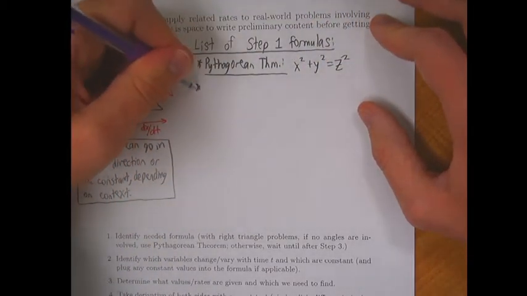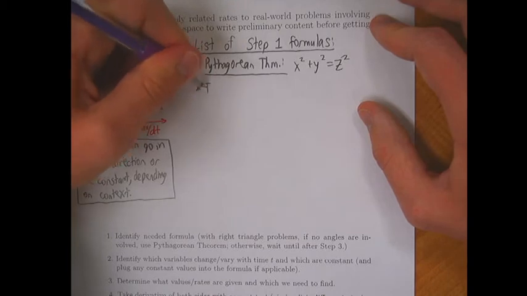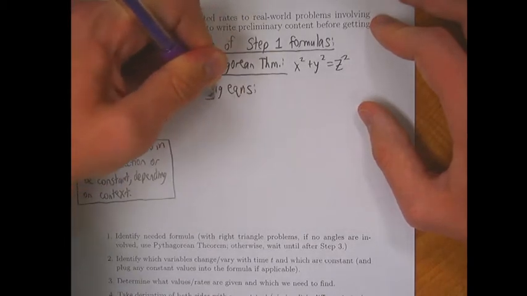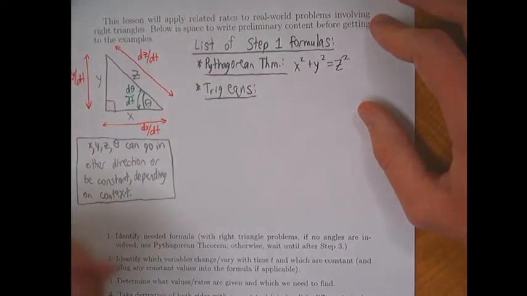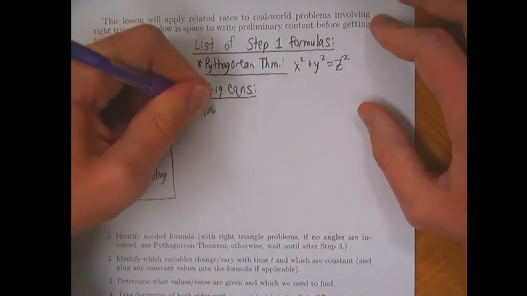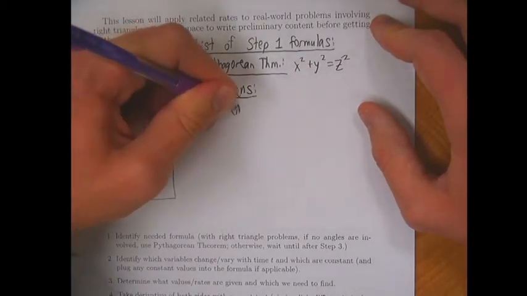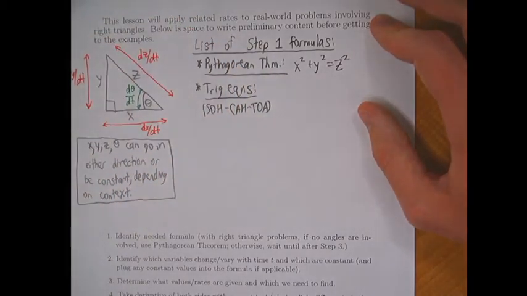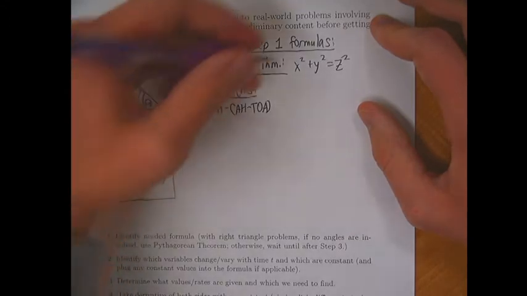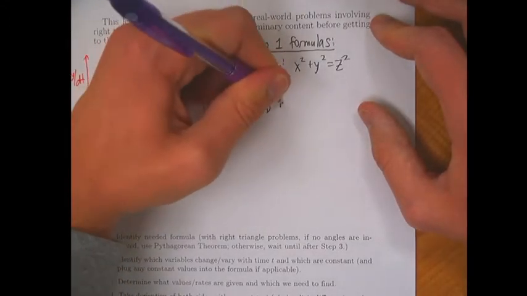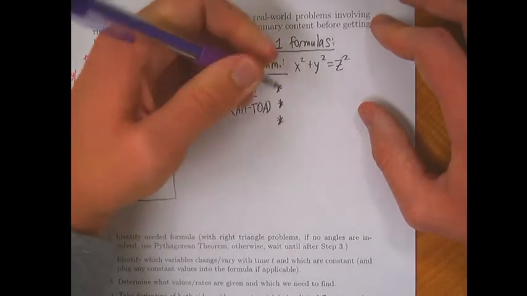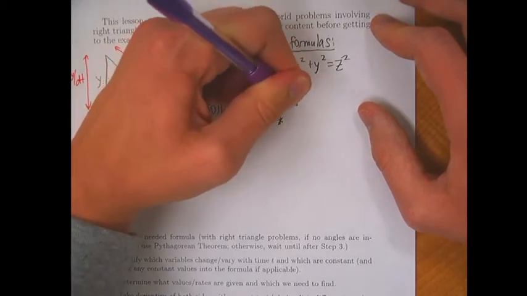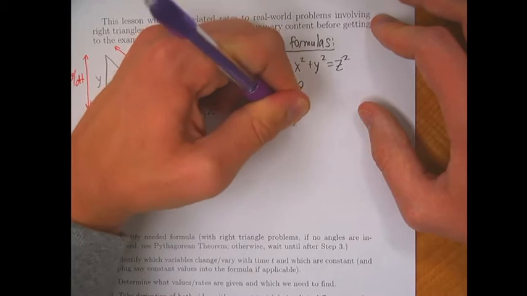Then the next few are going to involve trig equations. So if you remember SOHCAHTOA, that's where these are going to come into play. Some useful ones that will help out are going to be sine theta, cosine theta, and tangent theta.